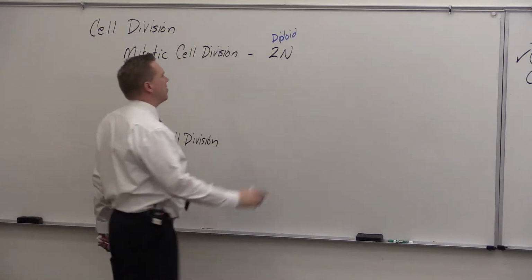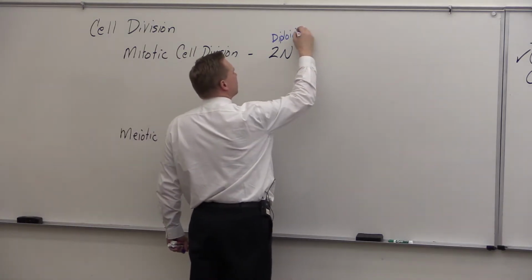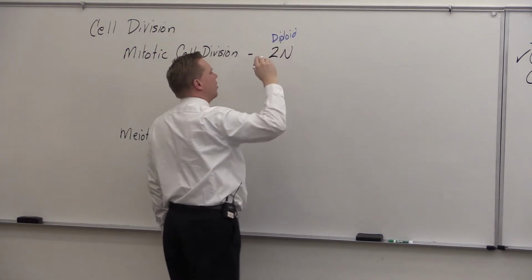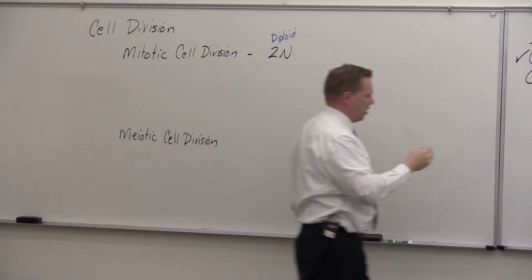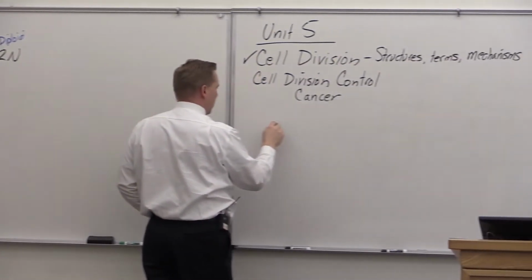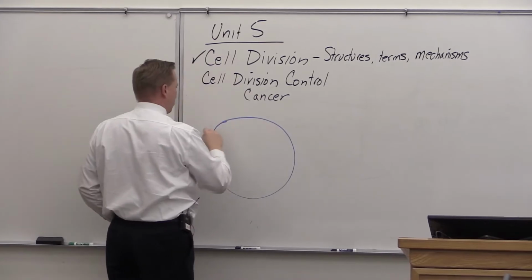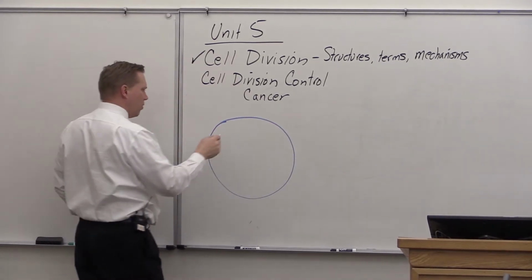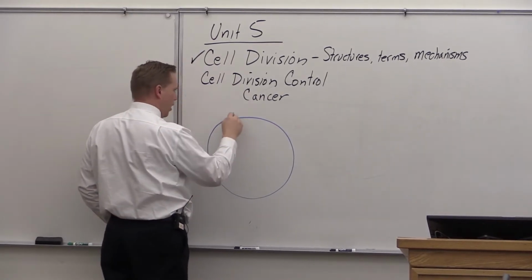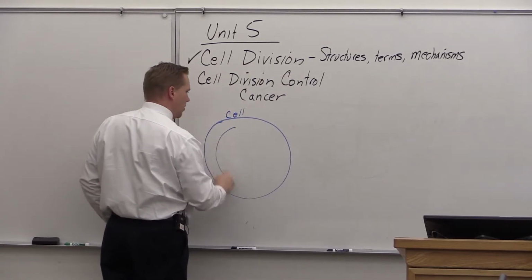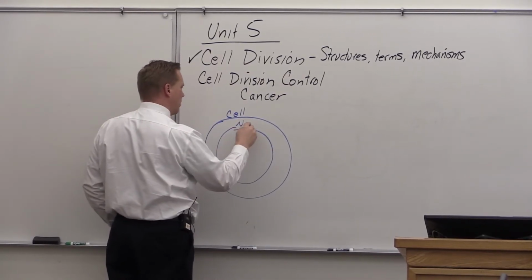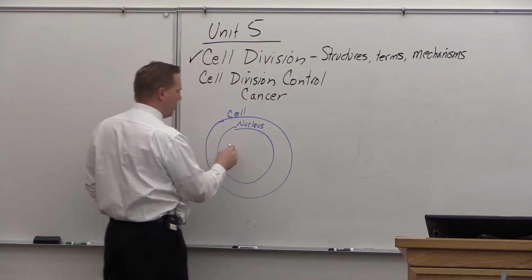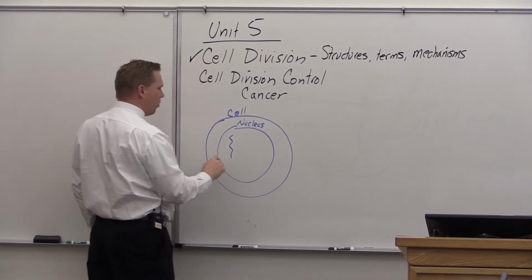And a diploid cell occurs wherever you have, let's come over here for a second. The diploid number refers to the chromosomes. So we have a cell, and inside that cell we have a nucleus. And inside the nucleus we have our chromosomes.